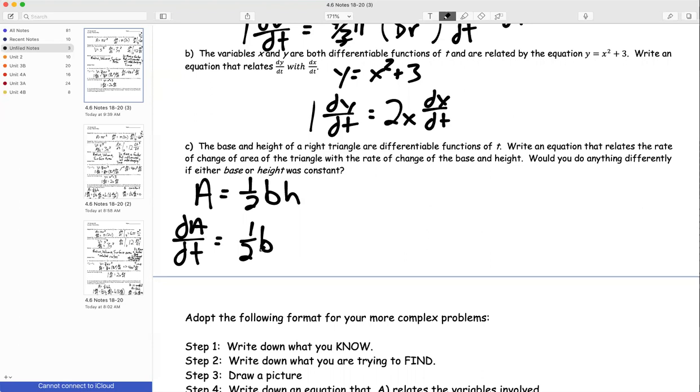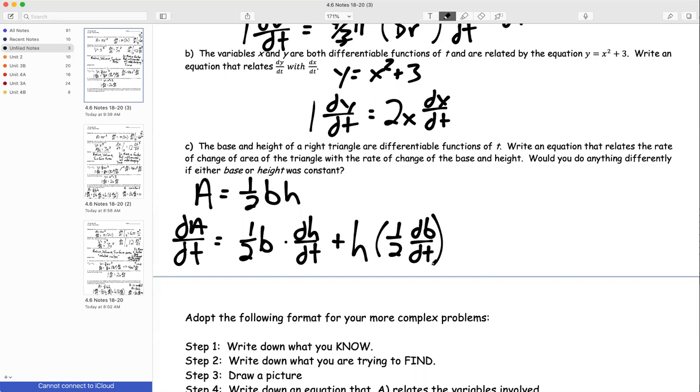And the derivative of h is dh/dt, 1 dh/dt, plus h times the derivative of 1/2 b, and the derivative of 1/2 b is going to be 1/2 db/dt. So I've tagged my variables when I took the derivative.